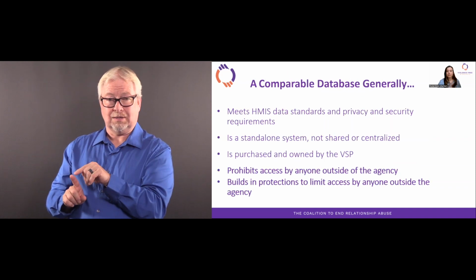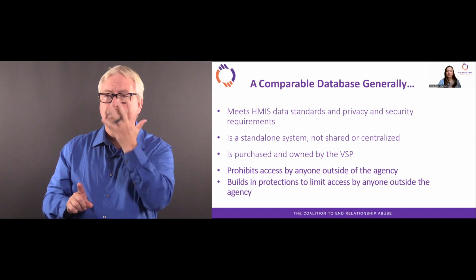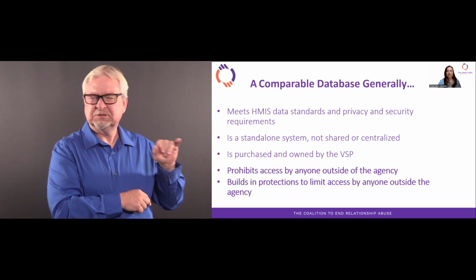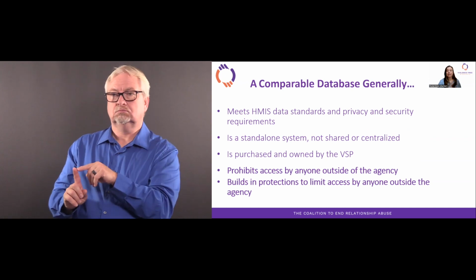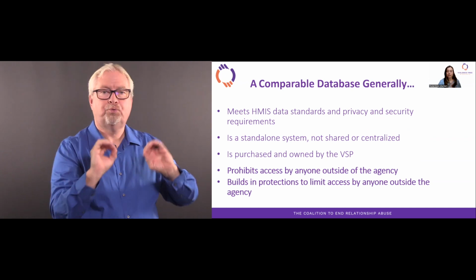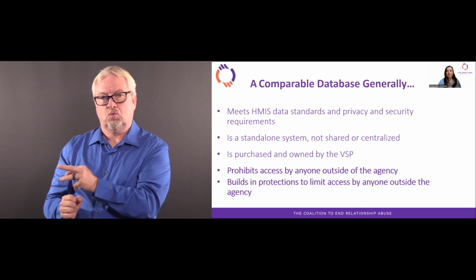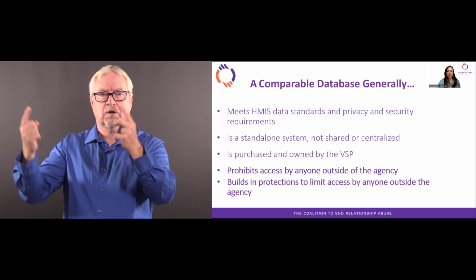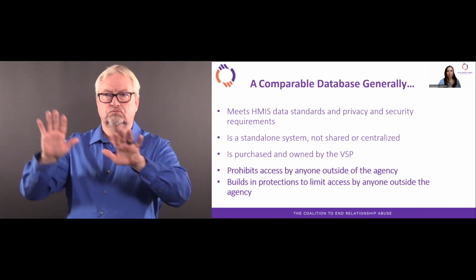A comparable database is a database that looks like and acts like HMIS, except it is not a shared or centralized database. It is a standalone system unique to each VSP grantee.